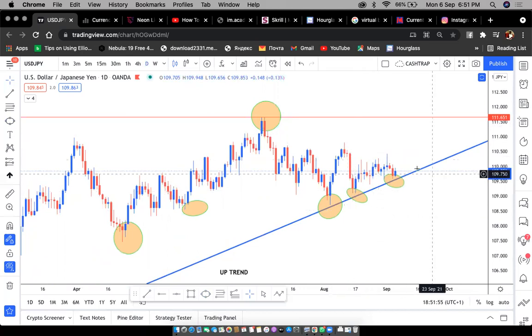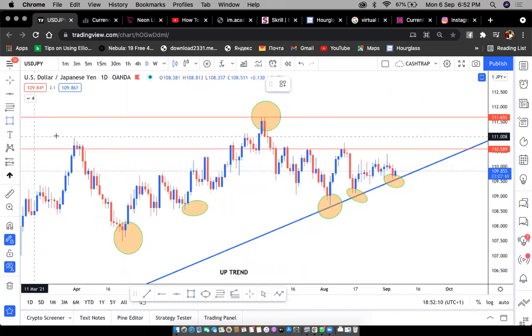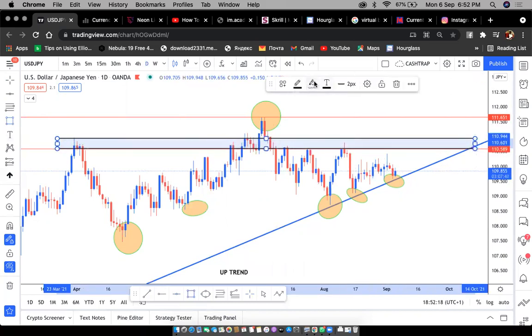So looking at this chart, I can confidently say that this right here is a resistance. So I can now color code this red. So if I put my box at that point, as you can see, right from the left-hand side to current price, look, all here are areas of resistance because this was a resistance at this left-hand side, resistance at the middle, and it's also a resistance here.